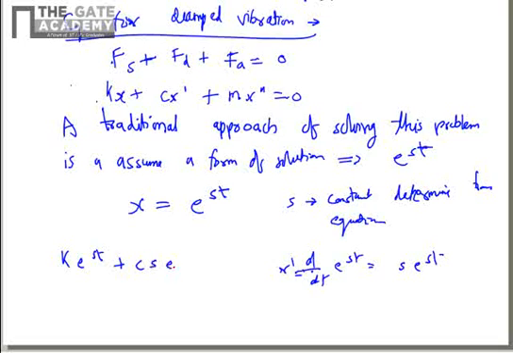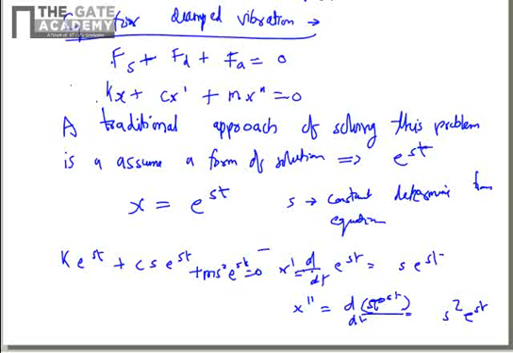So we will get c s e to power st plus x double dash, which will be equal to the differentiation of x dash, that is s e to power st, d by dt, which will be s square e to power st. So we get m s square e to power st is equal to 0 from the substitution in the original equation.